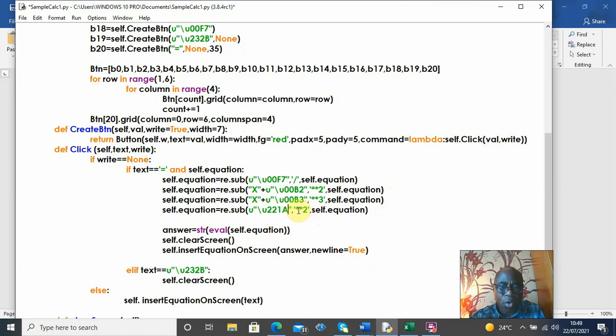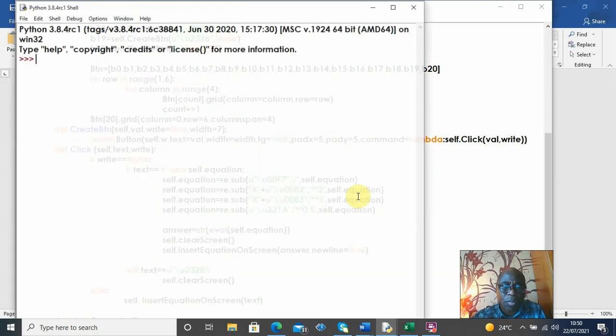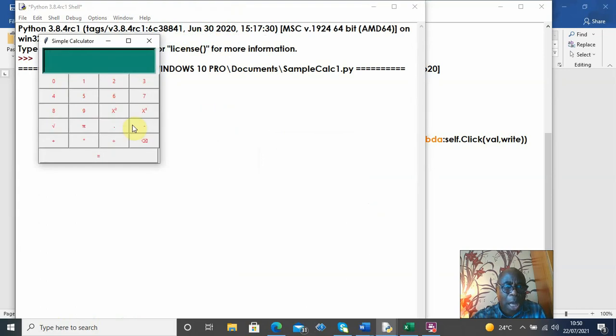And if you are finding square root, normally you raise the number to the power of half, or 0.5. So I'm going to put 0.5 here. Okay. And if I run this now and let's find the square root of 9. Excellent. It gives me 3.